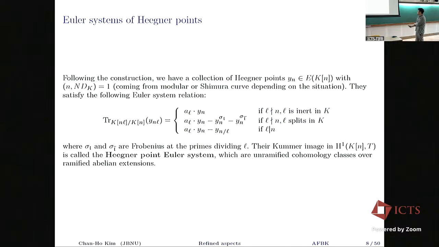Having this relation is the so-called Euler system in this case. So all the Kummer images of this y_n form a Heegner point Euler system. And these all come from points. So these are unramified Kummer classes over a ramified abelian extension. These are all the standard things up to now.